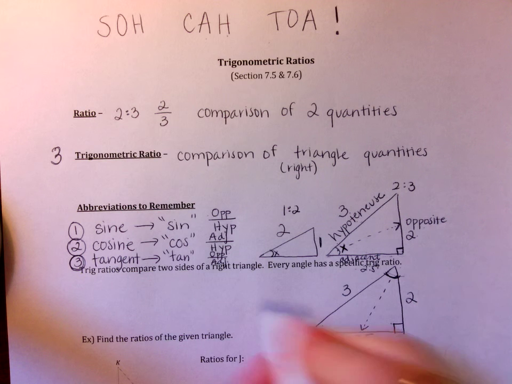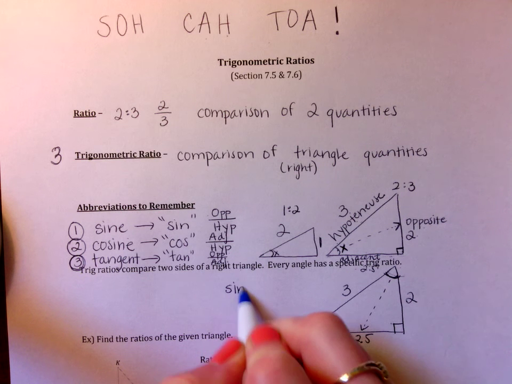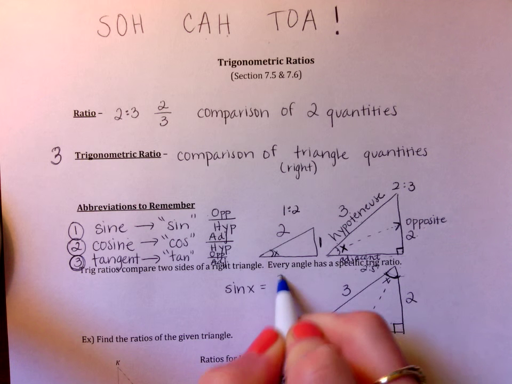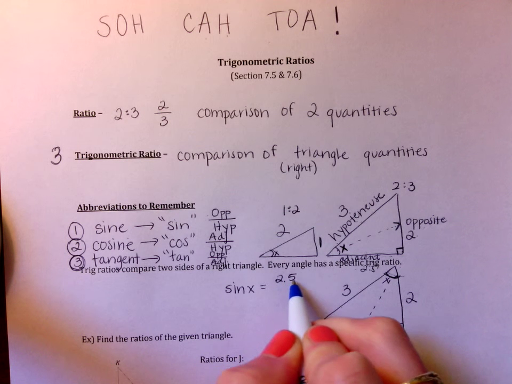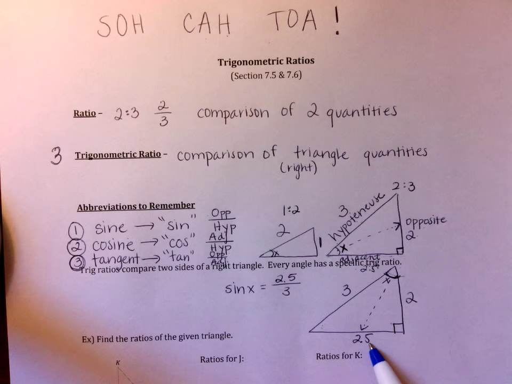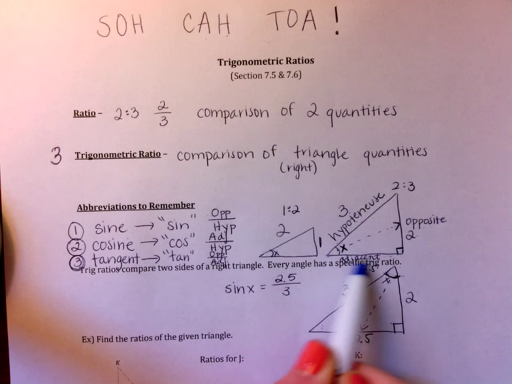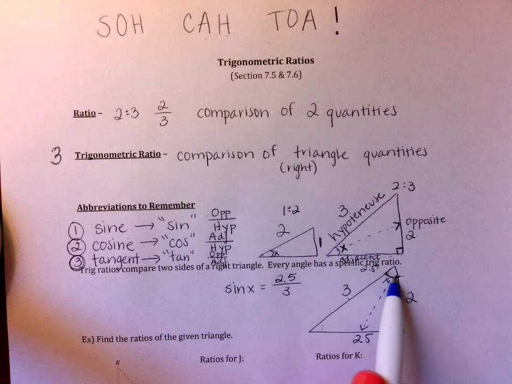So the sine of x in this triangle would be 2.5 over 3. So when you switch the angle you're looking at, the side labels switch. When we looked at this one, the bottom side was adjacent, but when we look at the other angle, it becomes opposite because it's across from it.